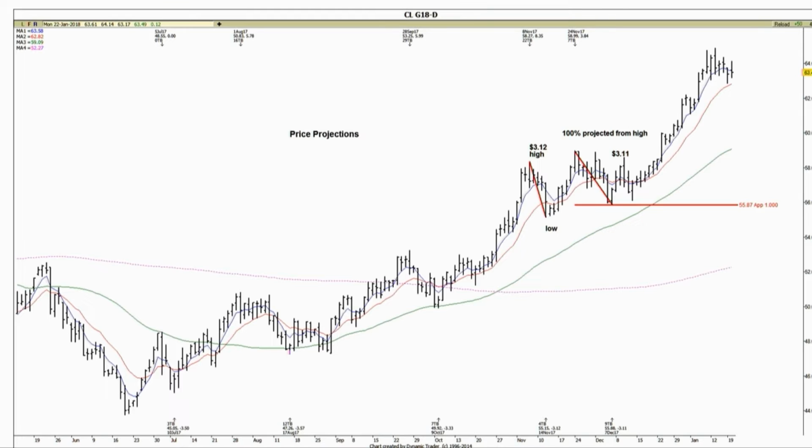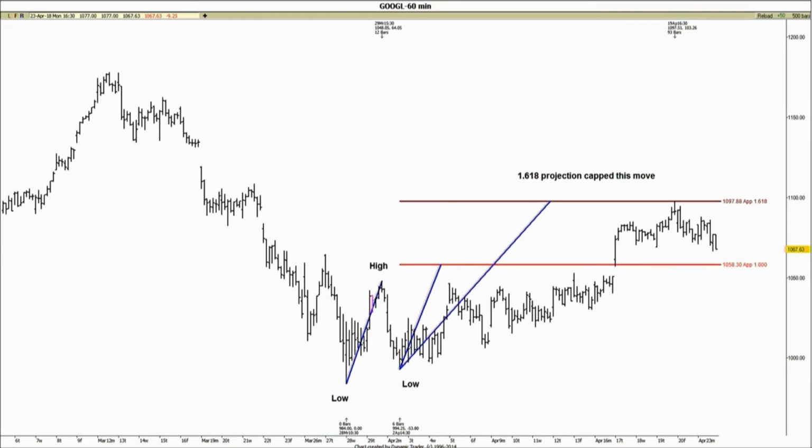And after holding that area, so it was off by a penny, looks like, I think the low was made at 55.86. We ended up seeing a gorgeous rally off of a very simple projection. That's just 3 clicks of the mouse. High, low, to the high.